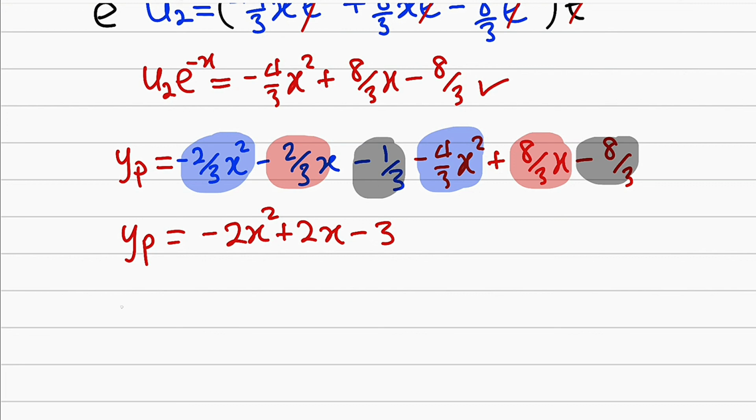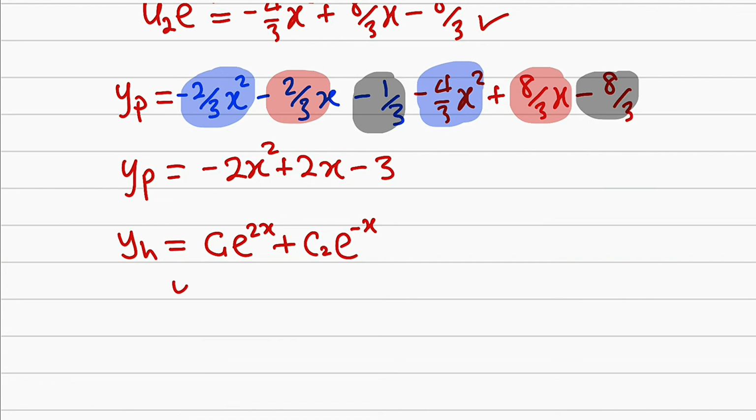And remember that our homogeneous solution is equal to a constant c1 e to the 2x plus another constant c2 e to the negative x. And the general solution, which is y, a function of x, remember it is given as y sub h plus y sub p.